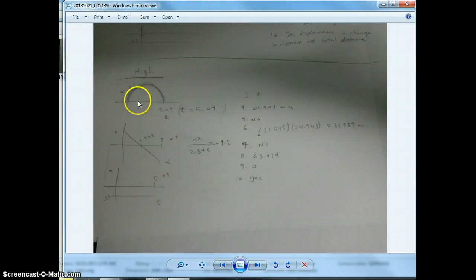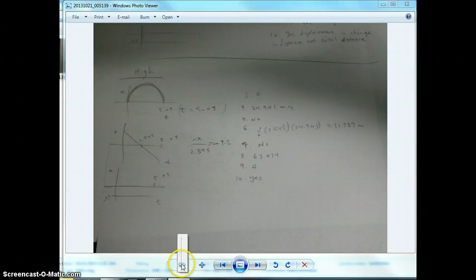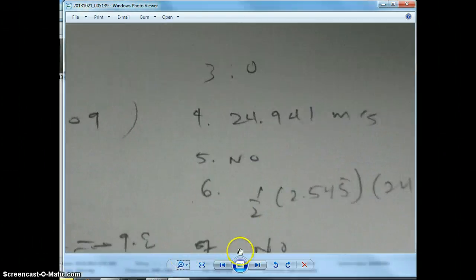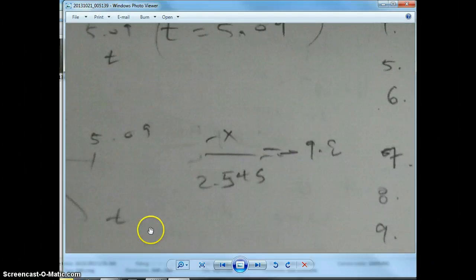Moving on to the high. The high time is 5.09, graph, constant. Let's go on to this. Okay, we know that this should be double if my assumption is right. Rather than 0, it's just twice the velocity, which we found out is this because of this equation.